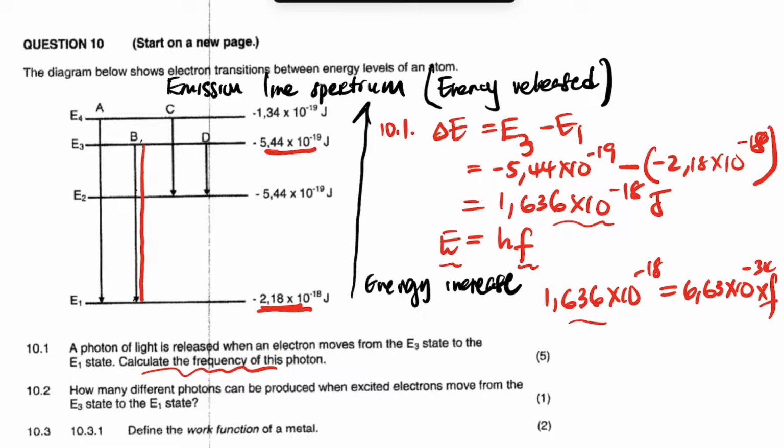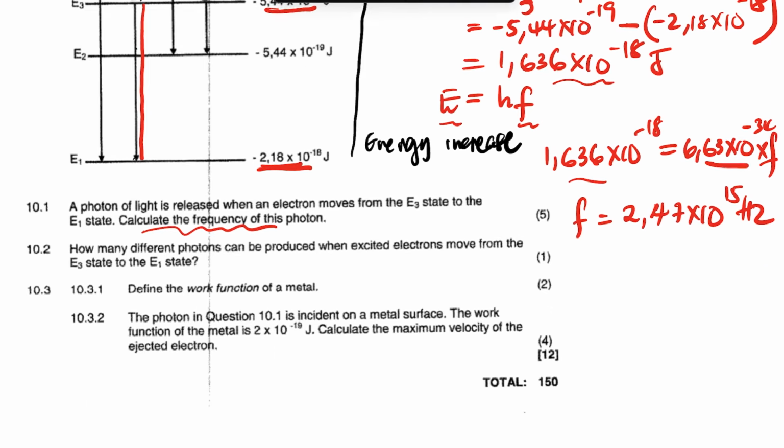Then we divide by Planck's constant. So the answer is going to be 2,447 times 10 to the power 15 hertz. That's the frequency.